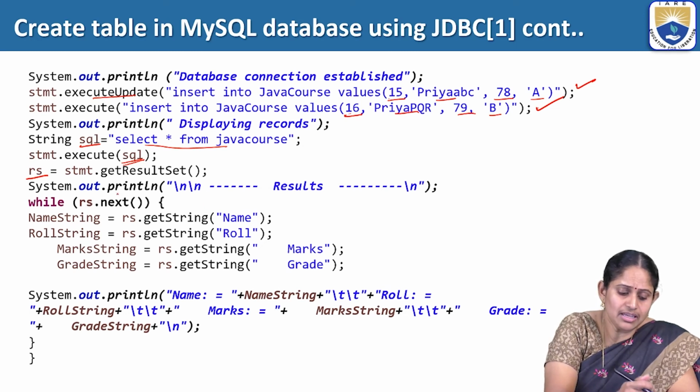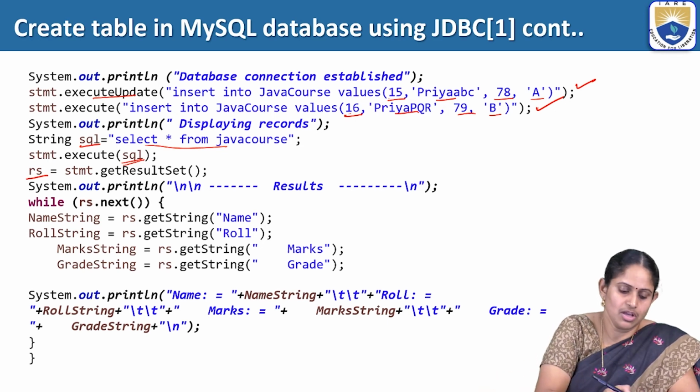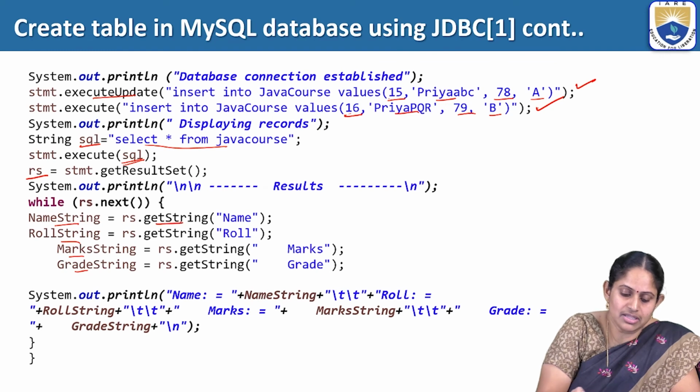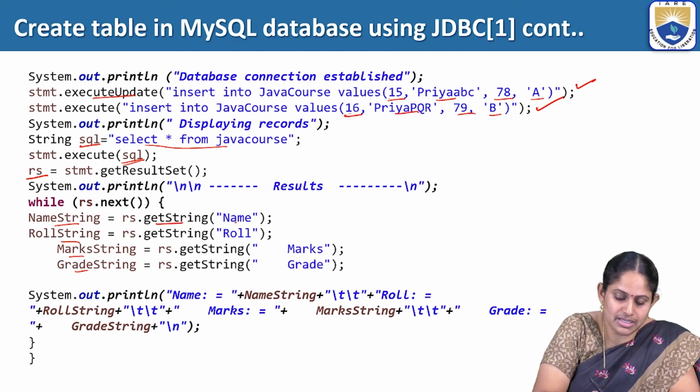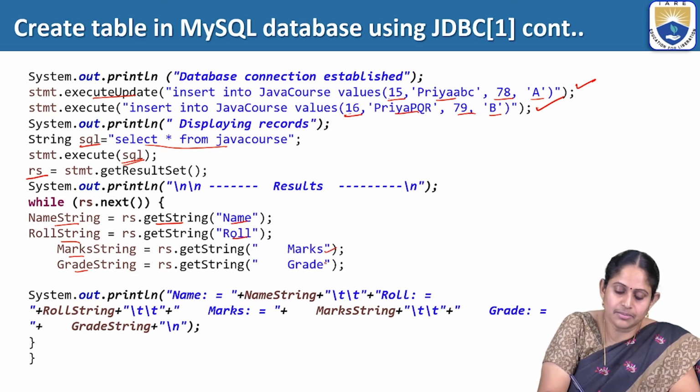Then from that table we are retrieving the data and displaying it on the console. I'm making use of all these variables to retrieve each piece of data from the result set object. I make use of the getString method to retrieve the name, roll number, the marks and the grade.